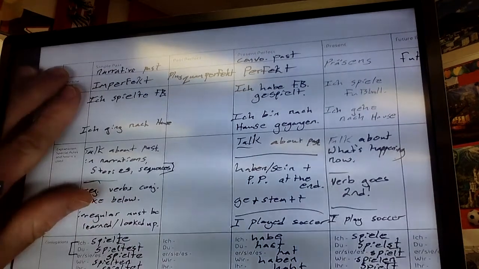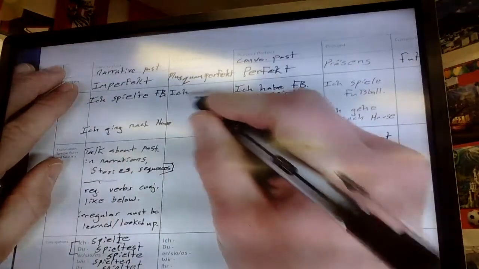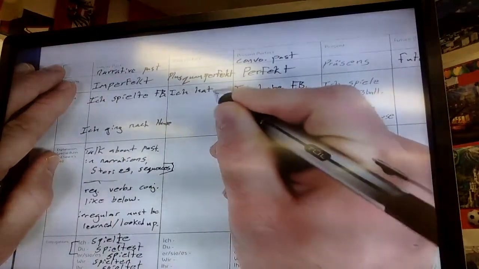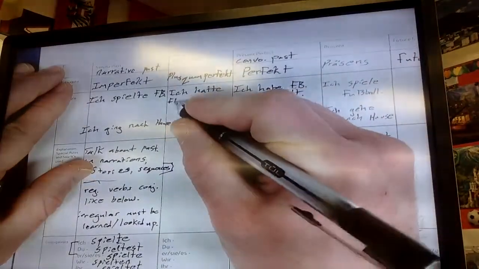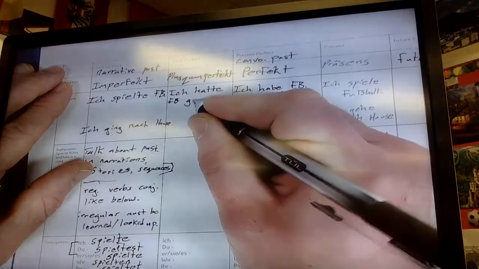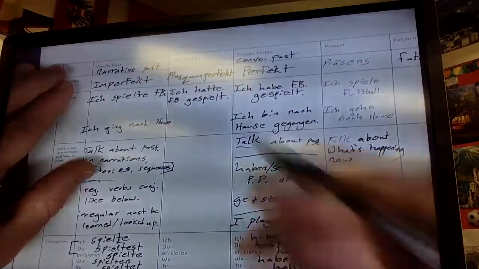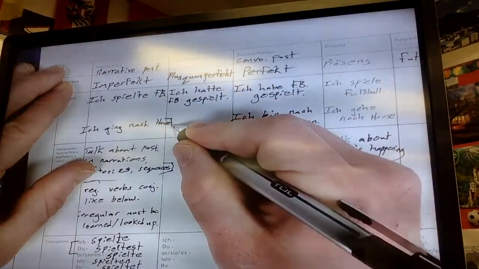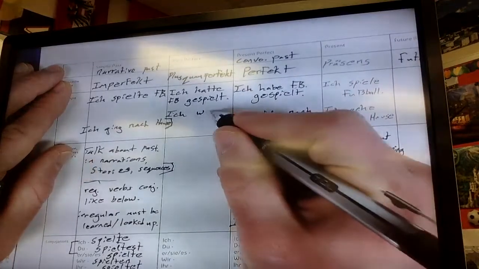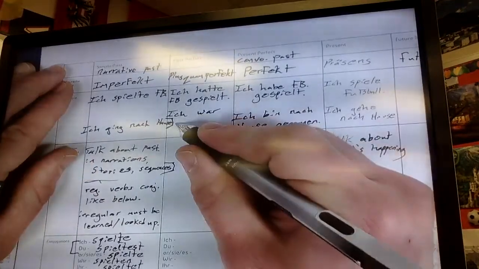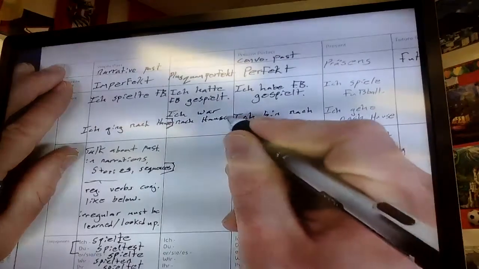And if I wanted to use it with our example of playing soccer, I'd bring in the word hatte. Ich hatte Fußball gespielt. And to show the other main example, I wanted to go home using this, ich war nach Hause gegangen.